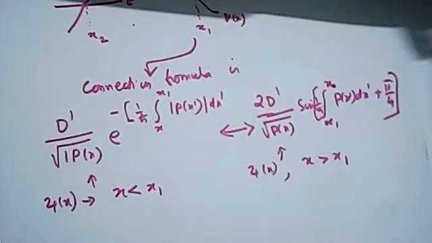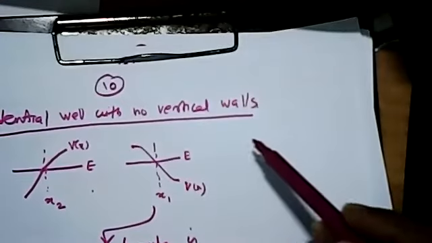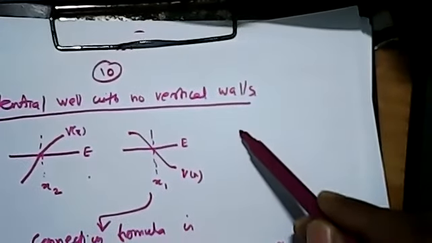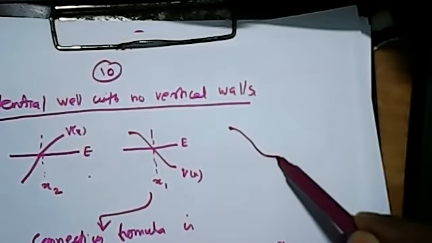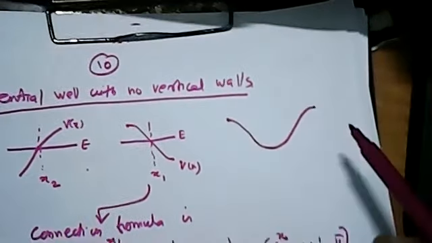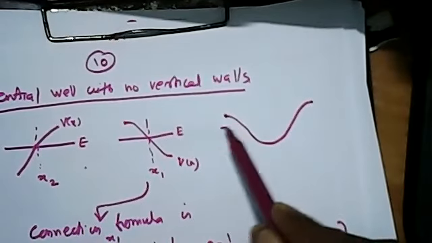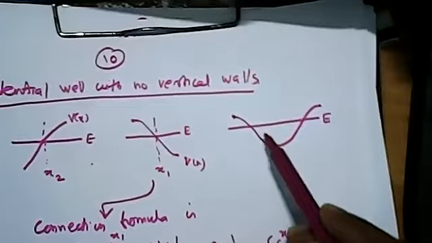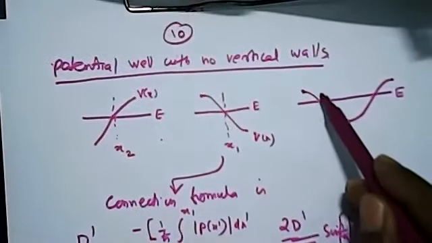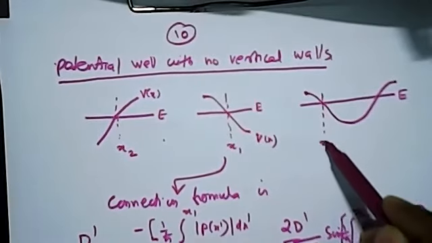Now let us consider a third case in which we have a negative slope as well as positive slope like this. So this is the energy level E. This turning point is x1.